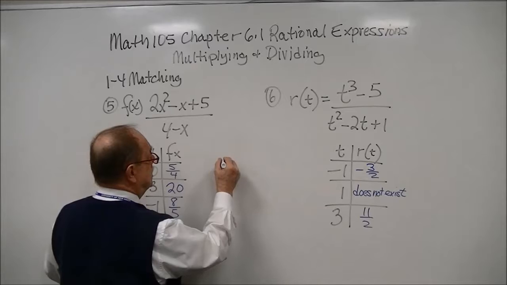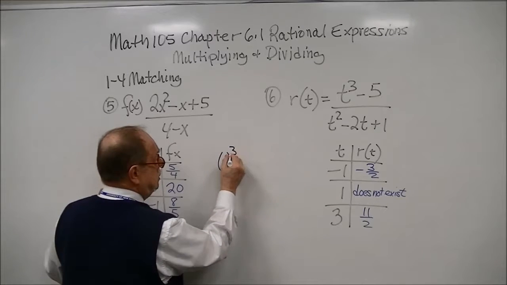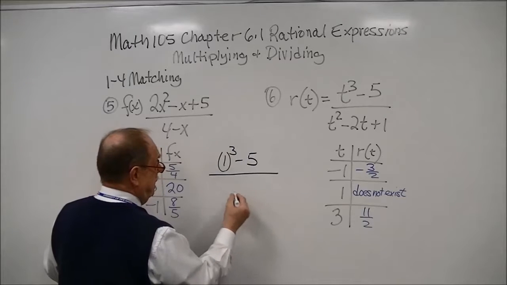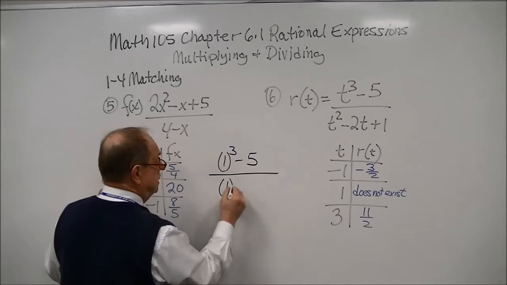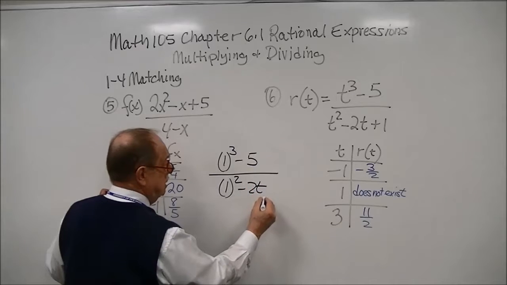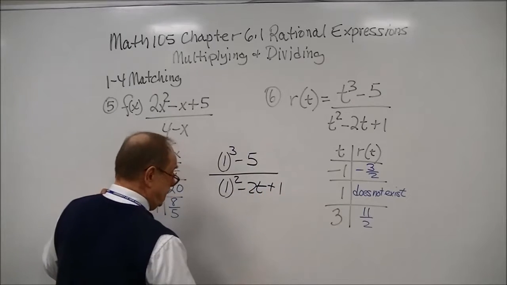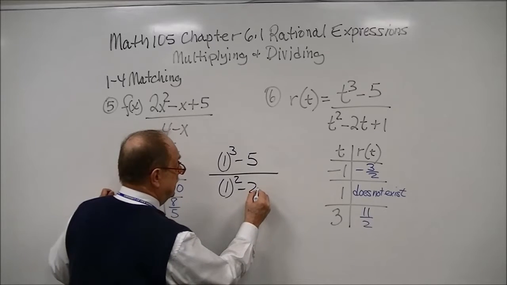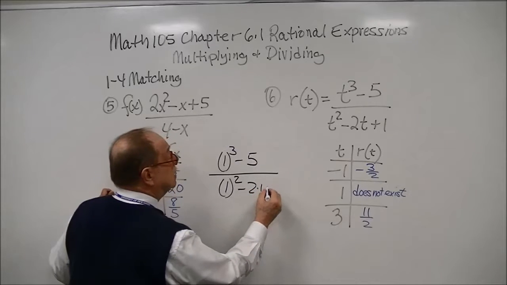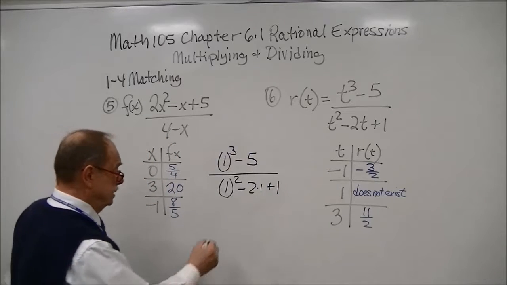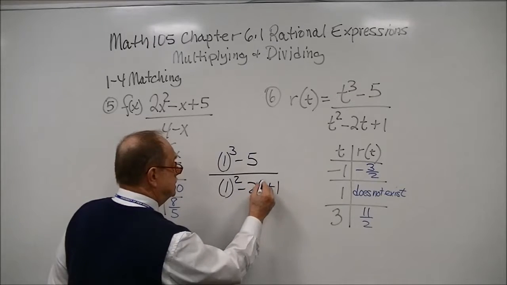So it'll be 1 cubed minus 5, and then 1 squared minus 2t plus 1. I got to put the t there though, is 1. Now I could probably put that in parentheses. There we go.